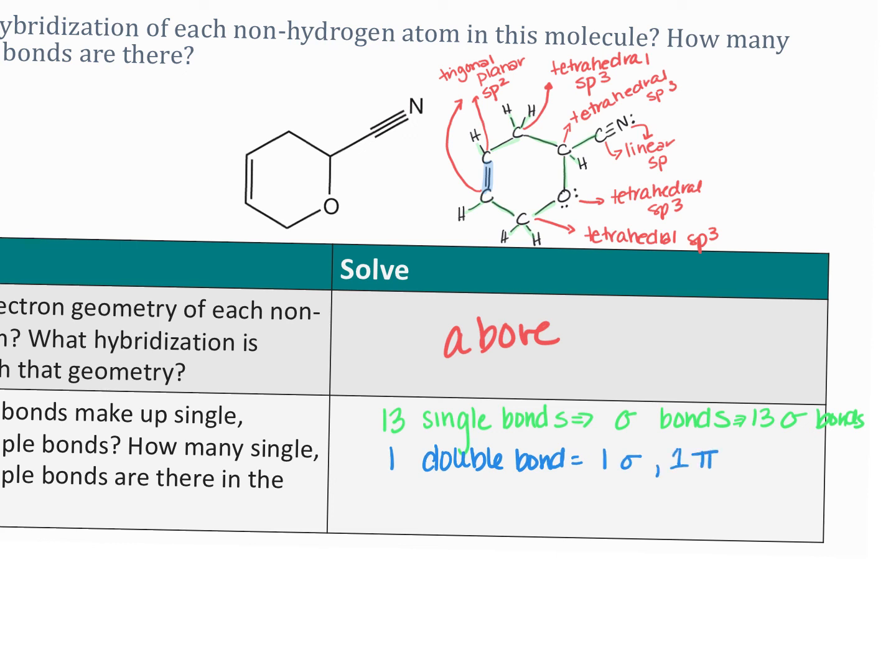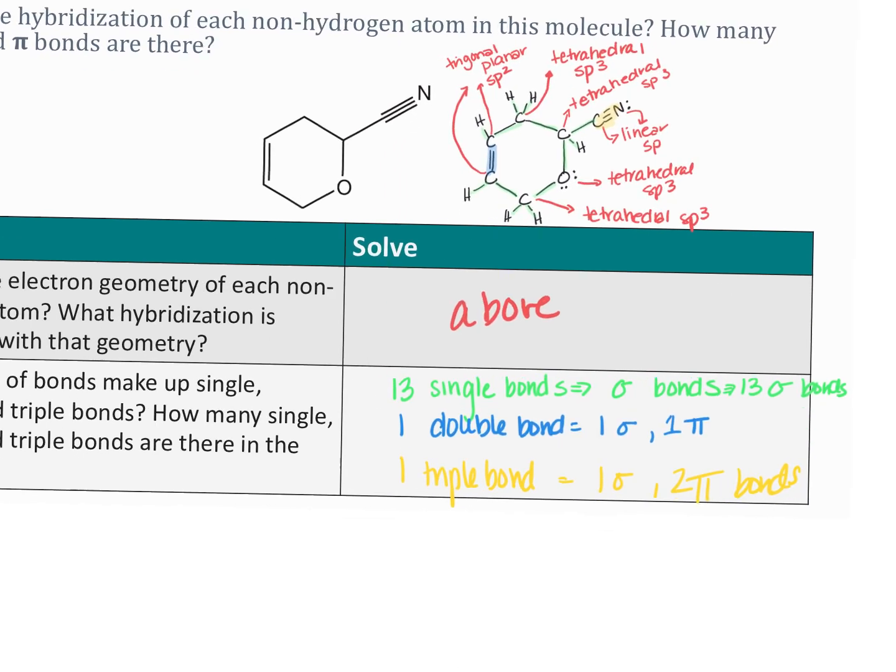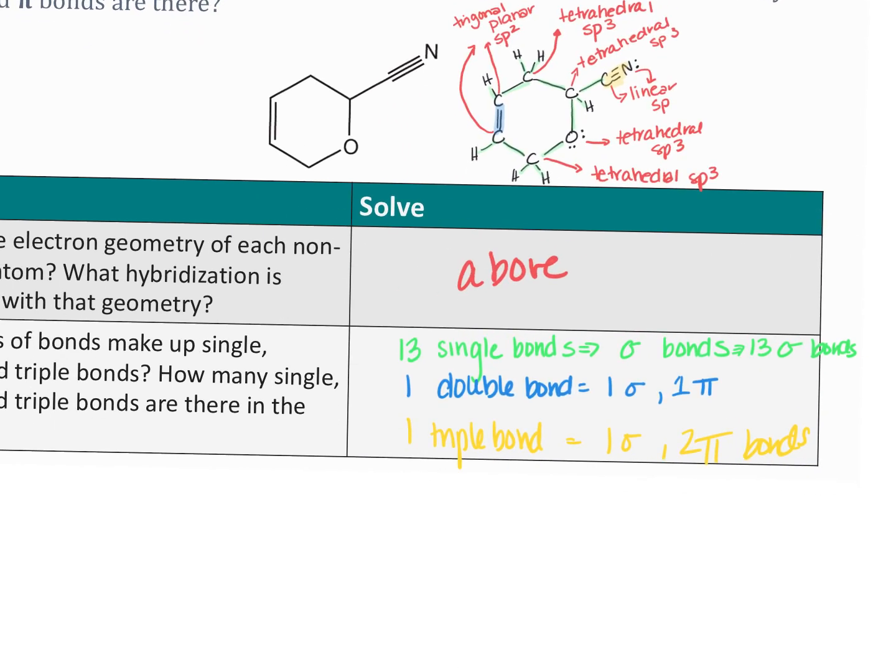And then we also have a triple bond, which we're going to highlight right here in yellow. And we know from that we have one triple bond. And a triple bond gives us one sigma and two pi bonds. So in this molecule, we're going to add up all our sigma bonds. We find that there are 15 sigma bonds and then 3 pi bonds.